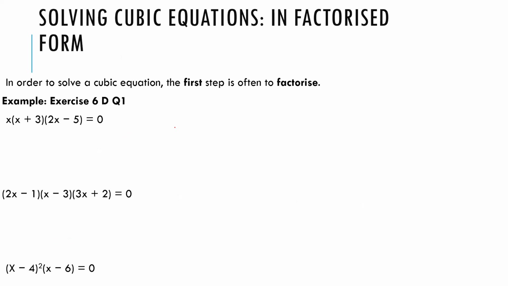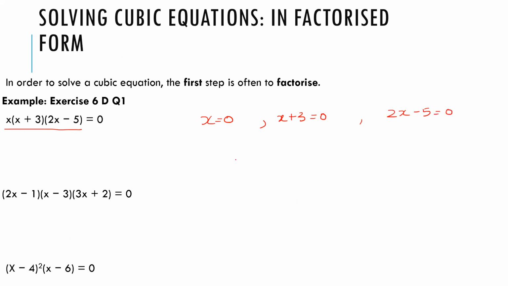Now, when a cubic equation is in factorized form, how do we solve it? We are just substituting each of the factors to 0. So the first factor is x equals 0, x plus 3 equals 0, and 2x minus 5 equals 0.